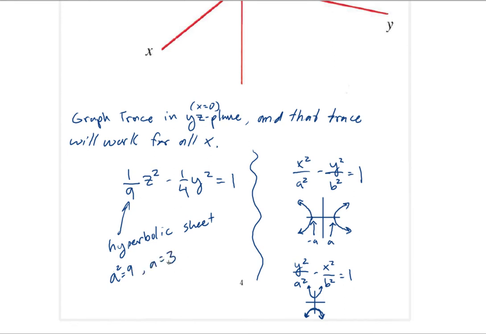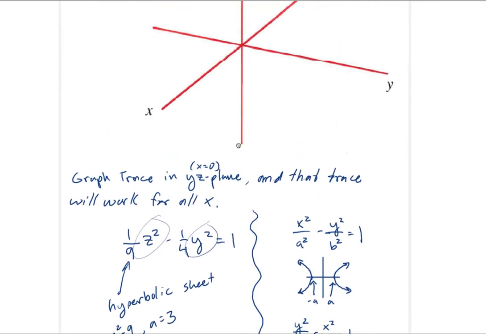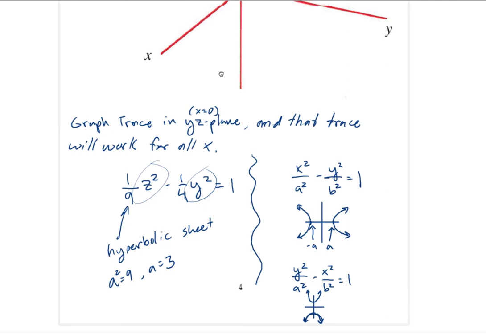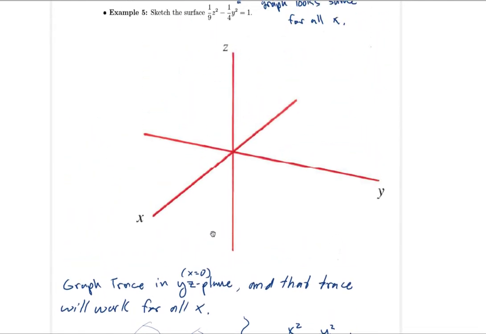So here's what this tells me. The positive one is the z, the negative's the y. So that means up here, okay, forget about 3 dimensions for a second. I'm going to sketch this one where I go up 3 in the z, and I go down 3 in the z, and I make my hyperbola. Okay?